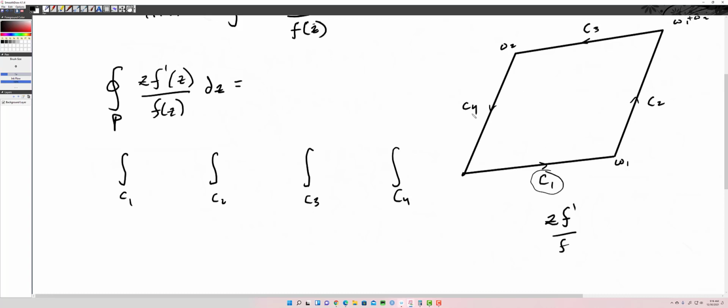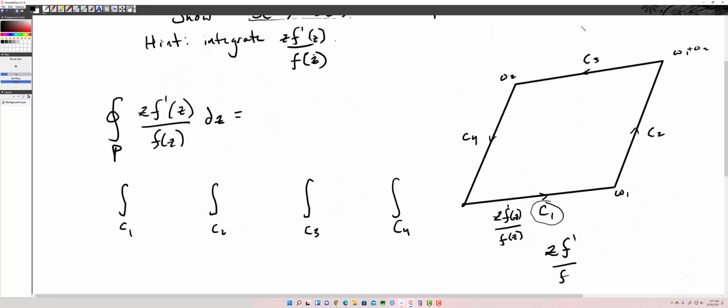If I just look at these sides independently, what I'm going to be integrating over here is z f prime z over f of z. And then up here, it's going to be z plus omega 2 f prime z over z, f of z.